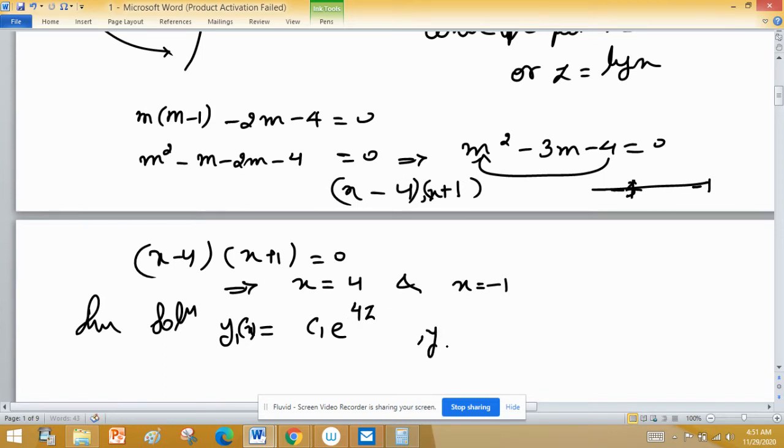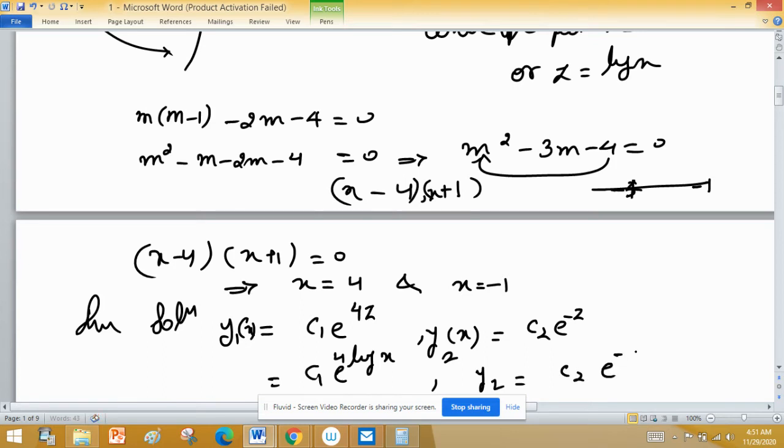And y2(x) will be c2 e raised to the power −z. Now replace this z with log x: y1 equal to c1 e raised to the power 4 log x, and y2 equal to c2 e raised to the power −log x.